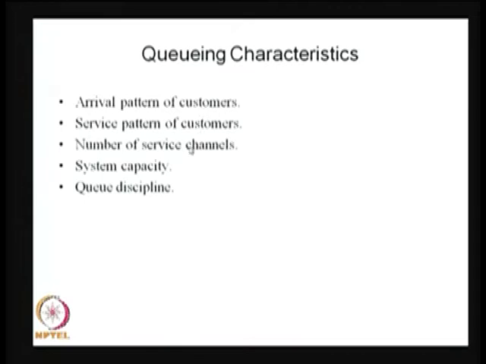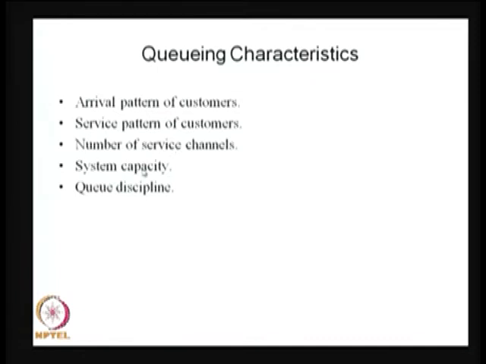Then the third important characteristic is the number of servers in the system. How many service channels are available, whether you have only one server in the system, or more than one, or countably infinite. According to that, the queuing system may vary. So the third information is the number of servers in the system.